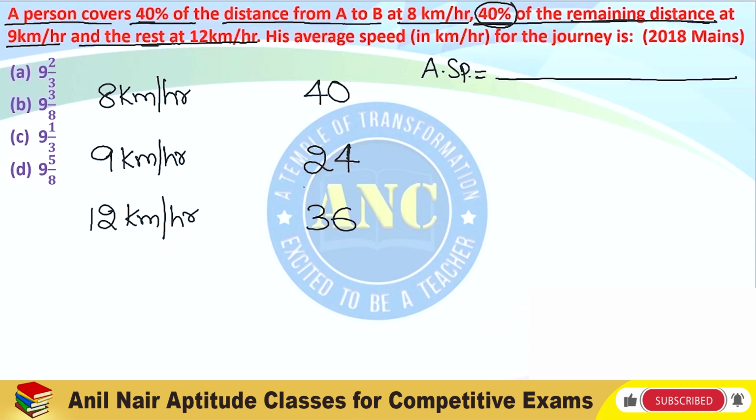I don't want to work with fractions. I want to avoid fractions. So I will not take the distances as 40, 24 and 36. 24 should be multiplied by some number so that when you divide by 9, you get a whole number.